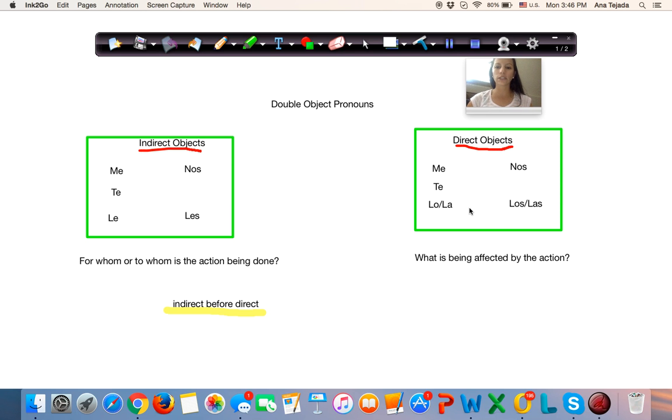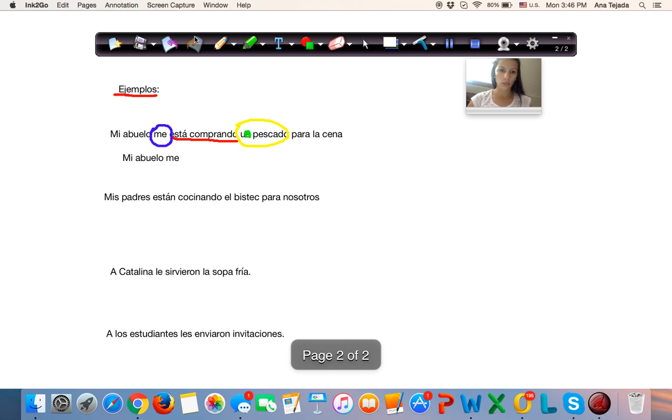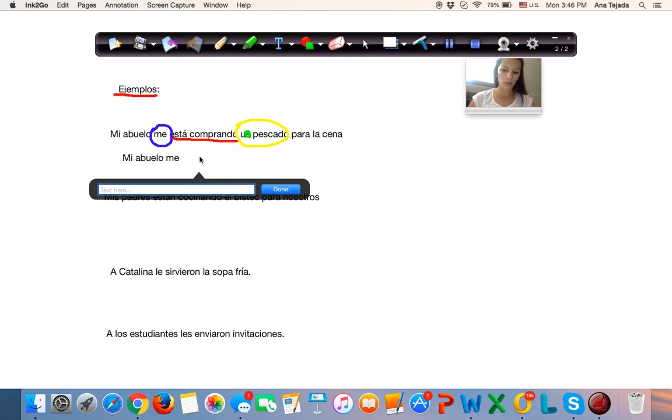It's going to be singular, right? So we're left with singular, and then the masculine of the singular. Lo. Me lo. And then we have the action. Está comprando.